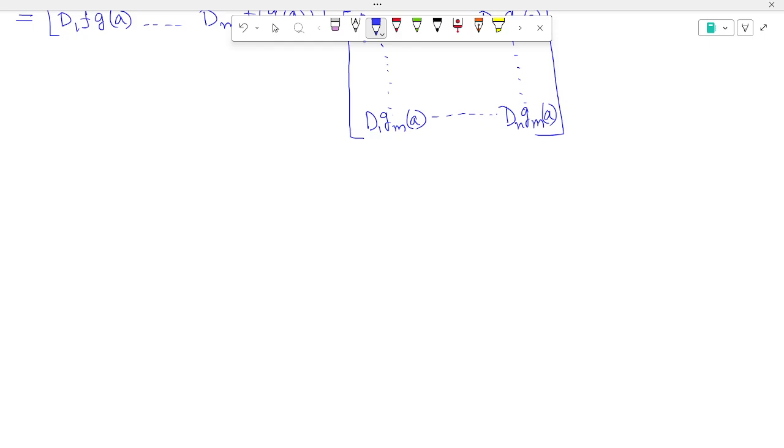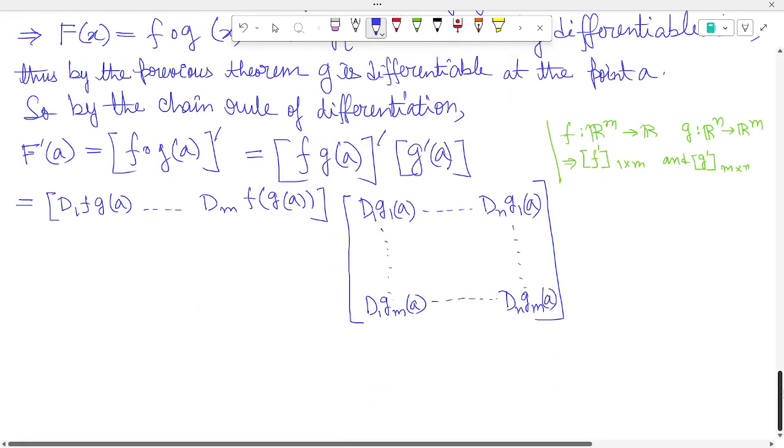Now, if we multiply them, then we will get another matrix. Now what is this?